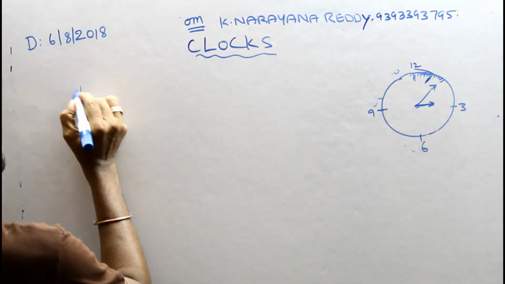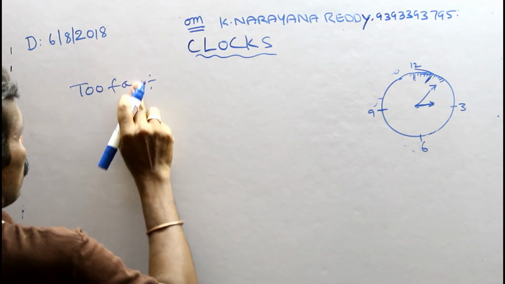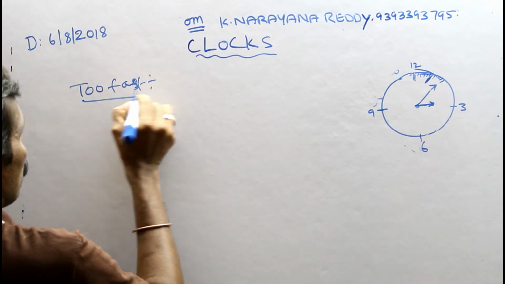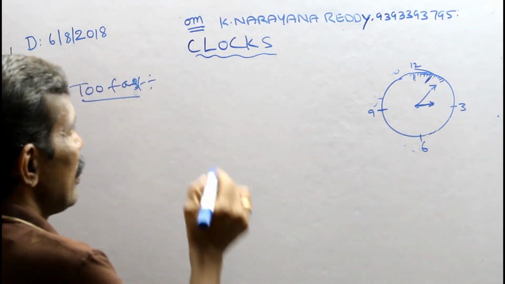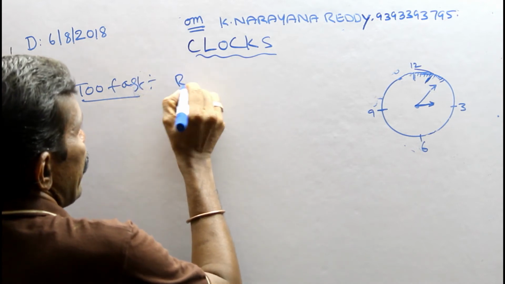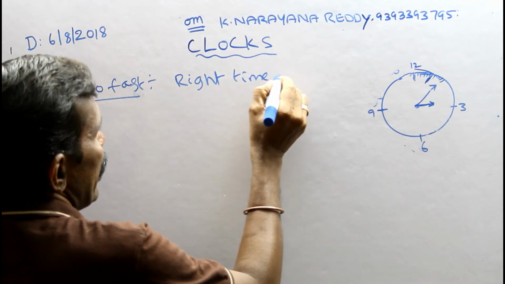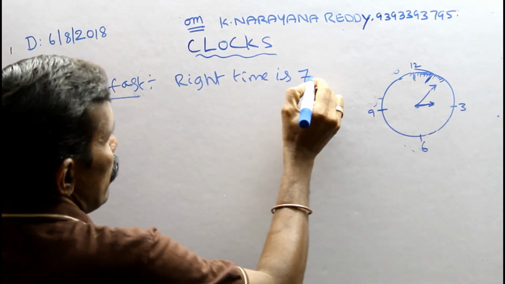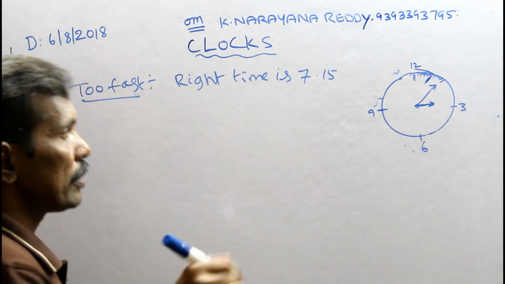Okay. Next I will tell one important point here. Too fast. Okay. What is too fast? Right time is 7:15.